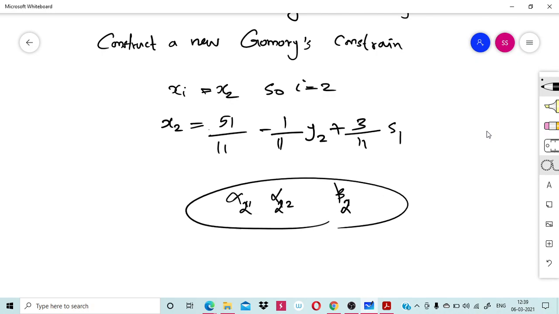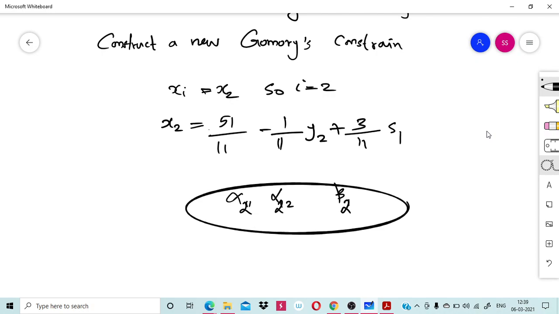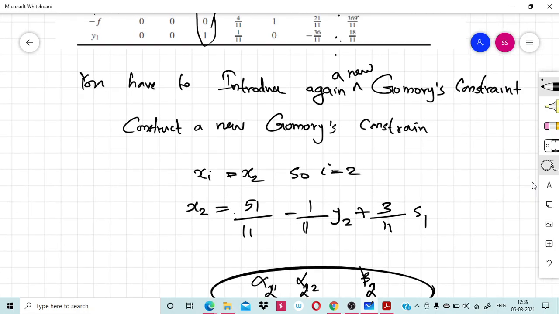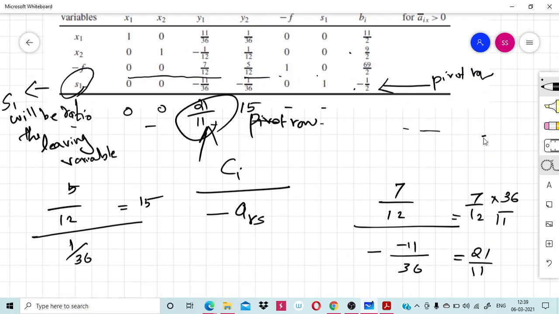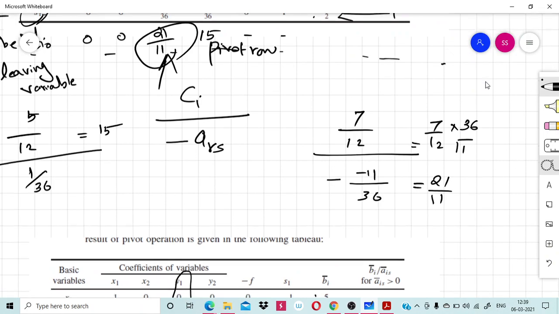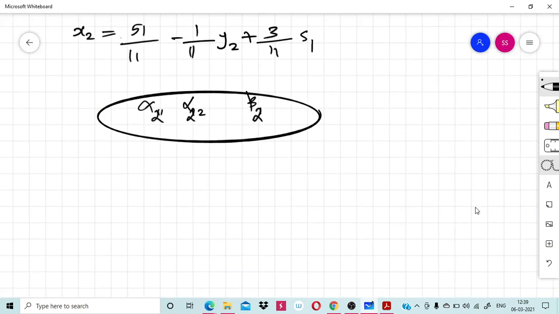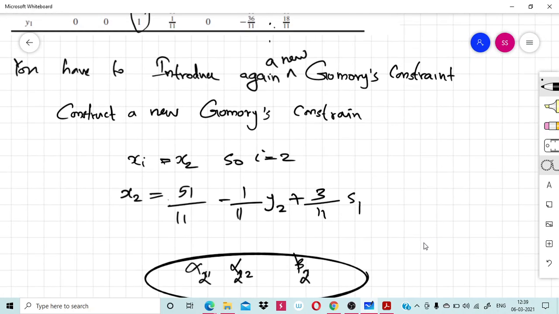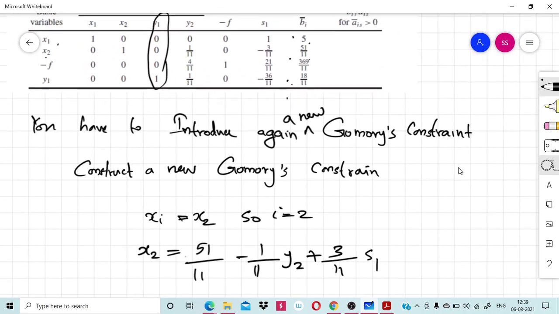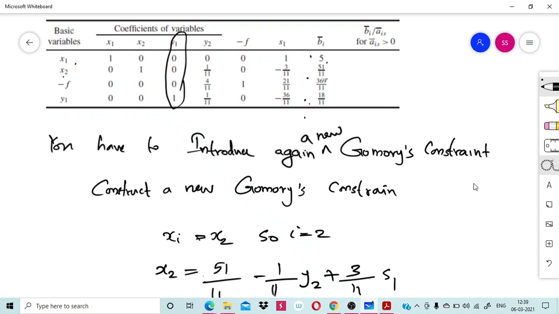All this you will get from our table. Let me explain that once again. We have b2 bar, where b2 bar means x2, this is equal to b2 bar.